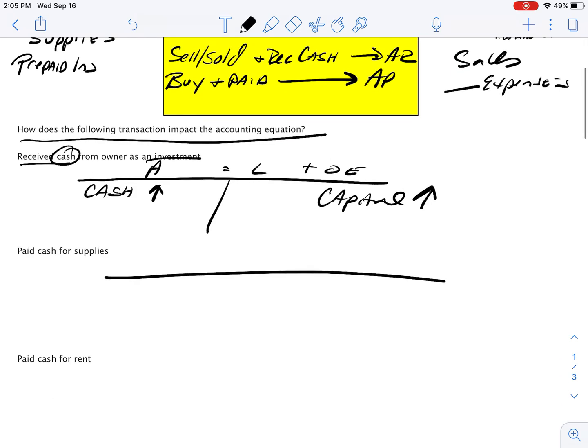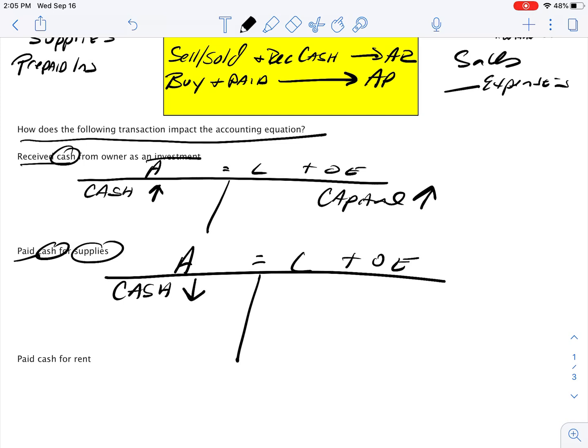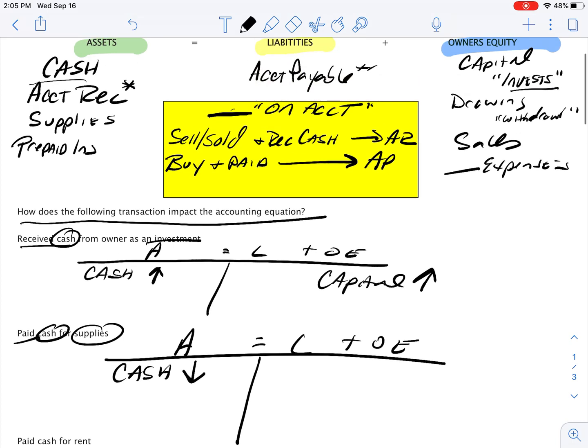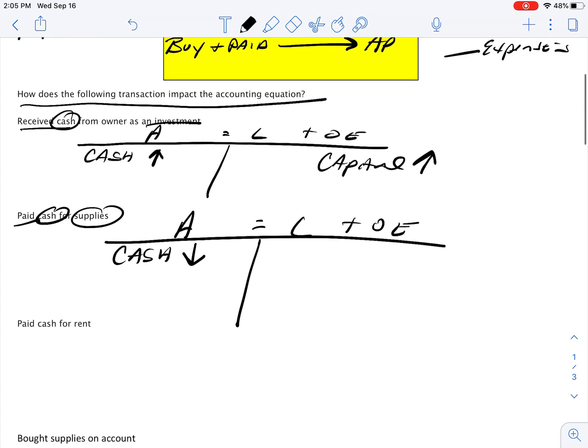Paid cash for supplies. Remember, the left side always has to equal the right. So assets equal liabilities plus owner's equity. I'm going to circle paid cash and supplies. So I have my cash. Well, I paid cash. What happens to my cash account? It is going down. But I bought supplies. Supplies, as listed up here, is an asset.